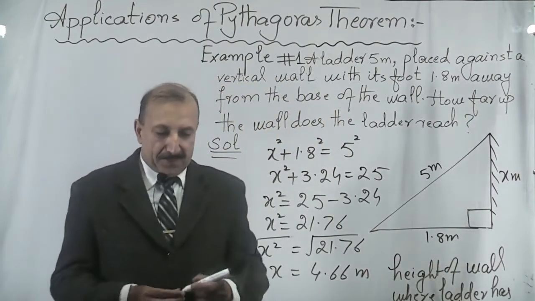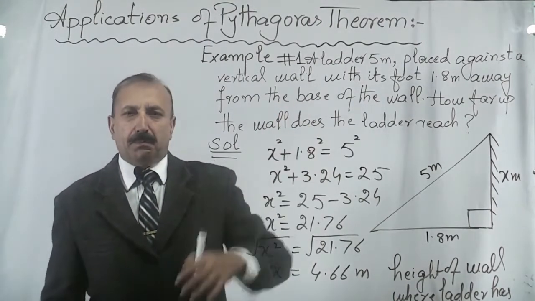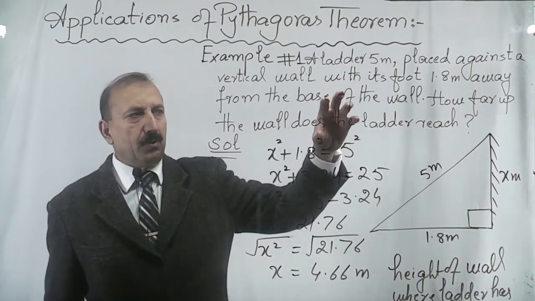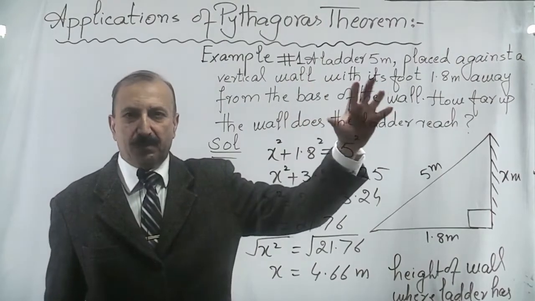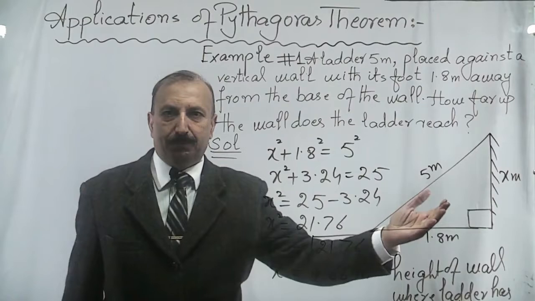Well, my dear students, I'm sure the learning point from this word problem is that we need to make sense of what values are given in the word problem and how to convert them in the form of a figure.